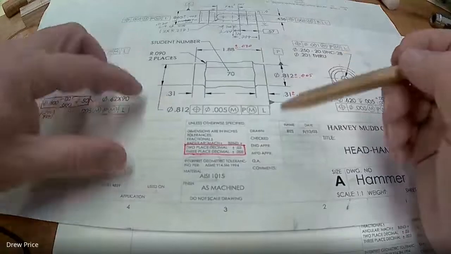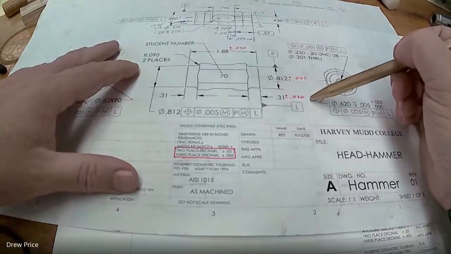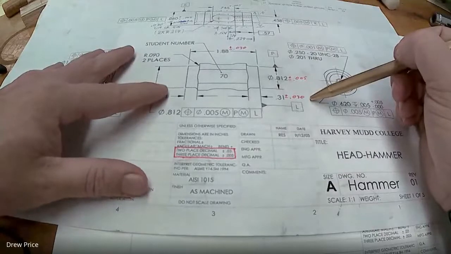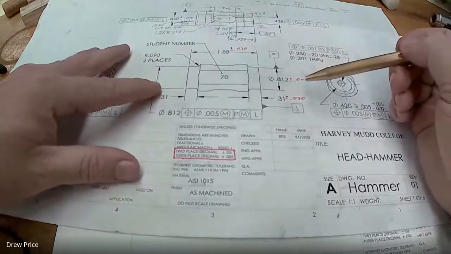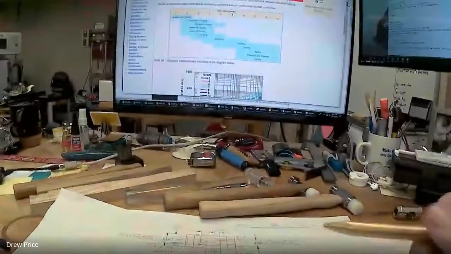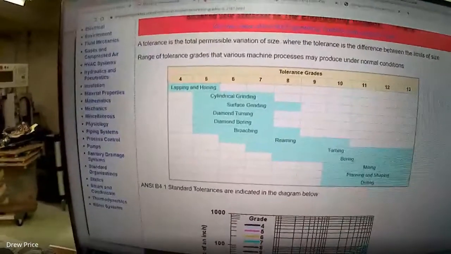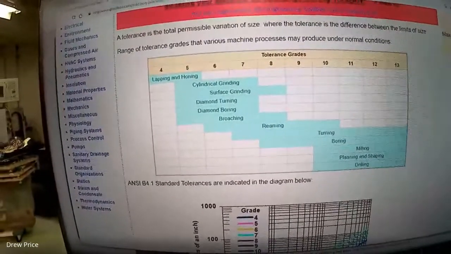So in addition to just saying what the dimensions are, these individual tolerance amounts will dictate how your parts might have to be made, because different techniques have different tolerance windows that they can accommodate. So I'm going to put these charts available so that you can see.